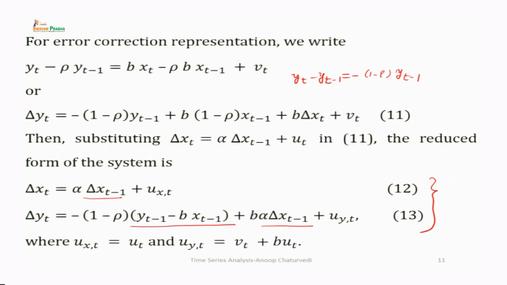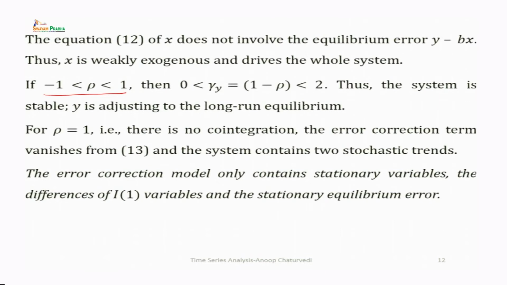This term vanishes, and the system contains two stochastic trends. So, the error correction model only contains stationary variables, the differences of I(1) variables and the stationary equilibrium error.